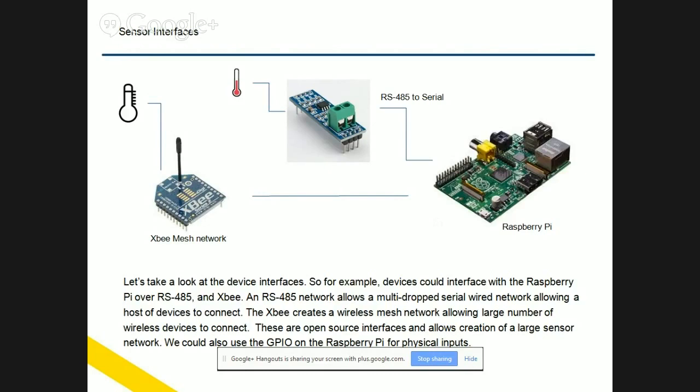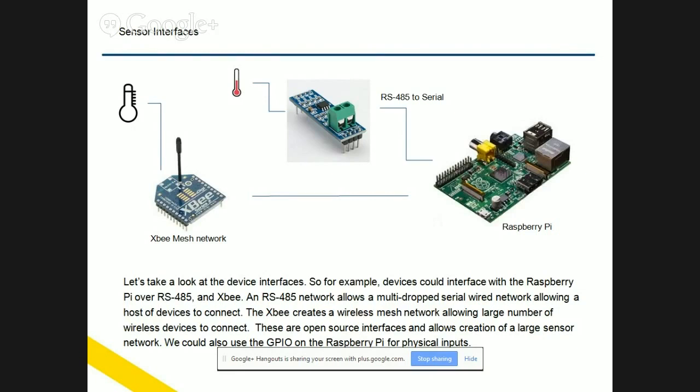So one XBee per device forming a mesh network and connected to the Pi or any other Linux board, which will have another XBee, which is the network coordinator. So it's just repeated here.